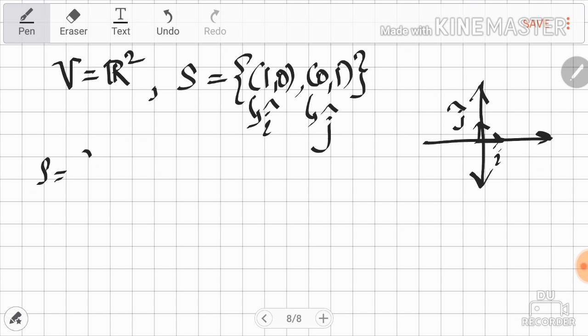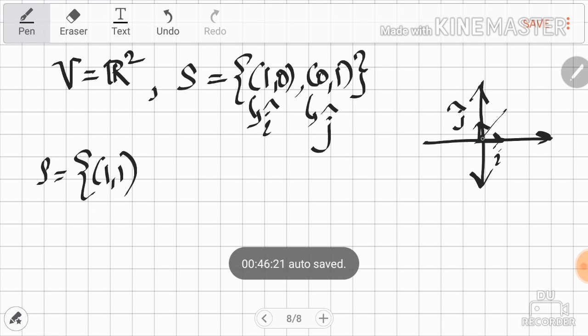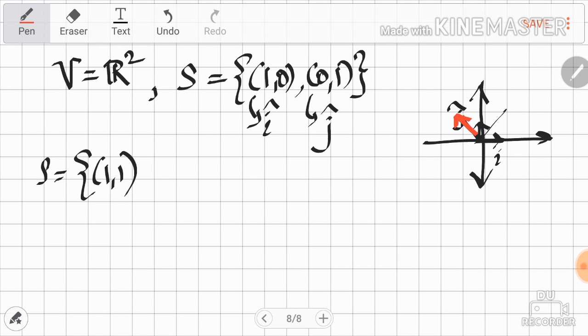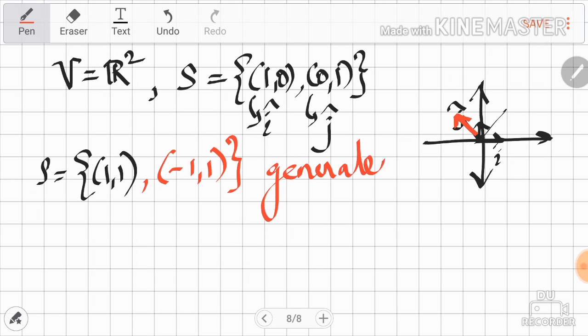You can also see that when you consider your S as say the vector 1, 1 and the vector minus 1, 1, even this would be a generating set. You can say that it generates the entire vector space R2.